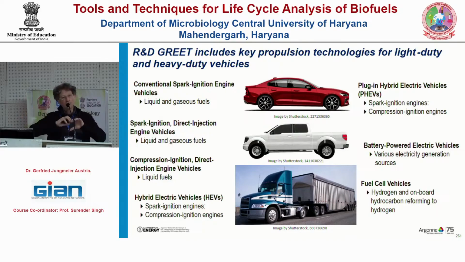You always have to go to the car level, because per megajoule of ethanol or megajoule of electricity, you cannot make a reasonable comparison of how much you emit when you drive 1 kilometer. They really have many different technologies: conventional combustion engines, but also hybrid electric vehicles, fuel cell vehicles, battery powered vehicles, plug-in hybrids. So everything is at least available, and using this data is a perfect starting point.